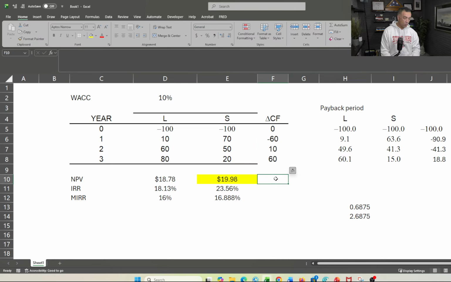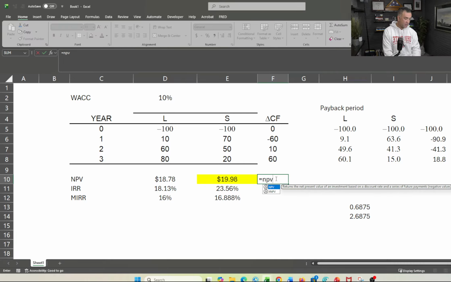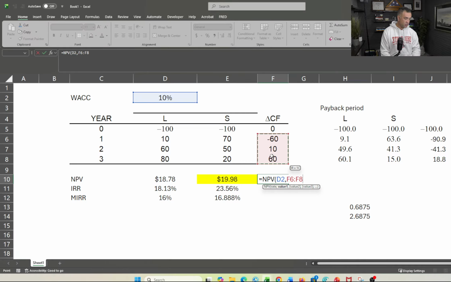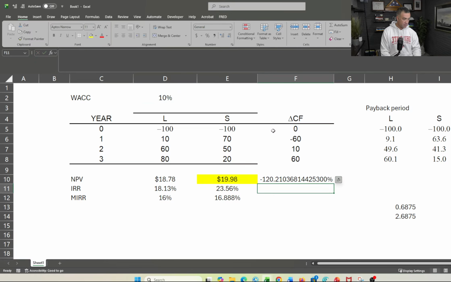And now let's do a few things. Let's find out the net present value of these cash flows. So again, that's WACC, and then I'm going to highlight those future cash flows, close it up, and then I'm going to add in at time 0.